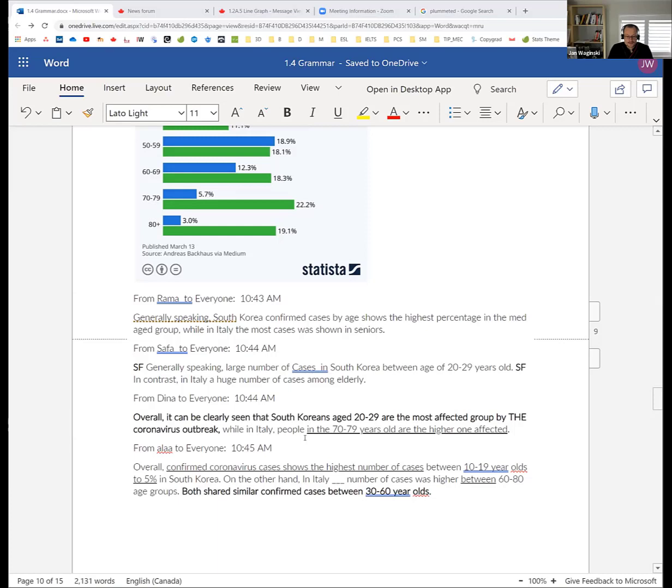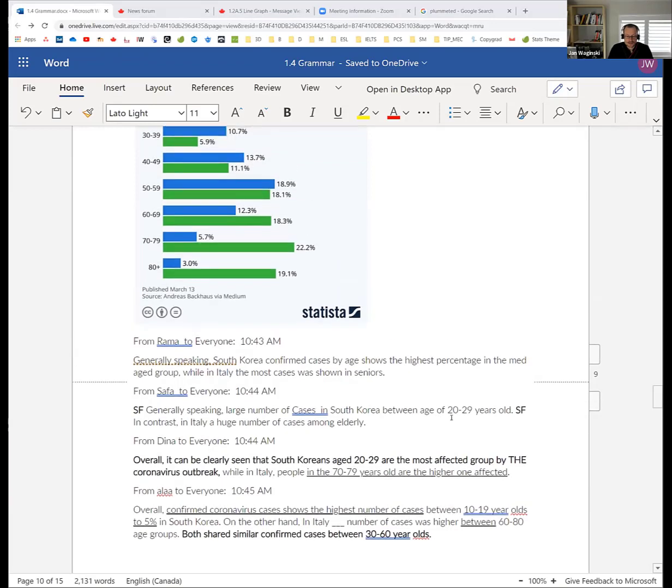Let's start with Dina's. Overall, it can be clearly seen that South Koreans aged 20 to 29 are the most affected group by the coronavirus outbreak, while in Italy, people in the 70 to 79 years old. I mean, we could spend a whole class talking about how to describe age groups.